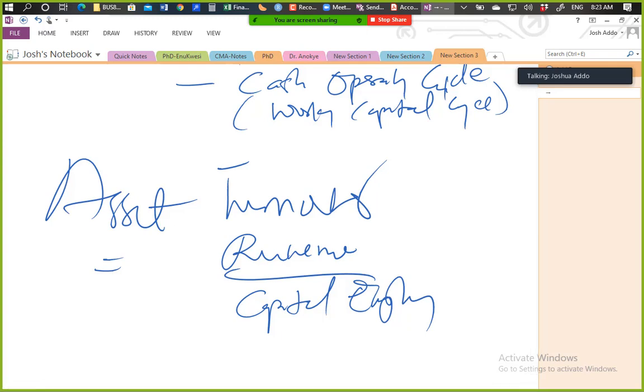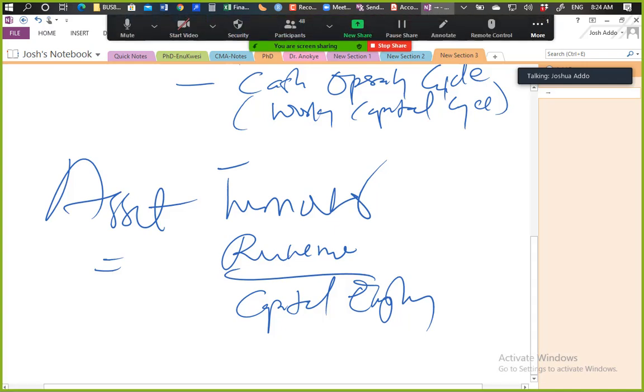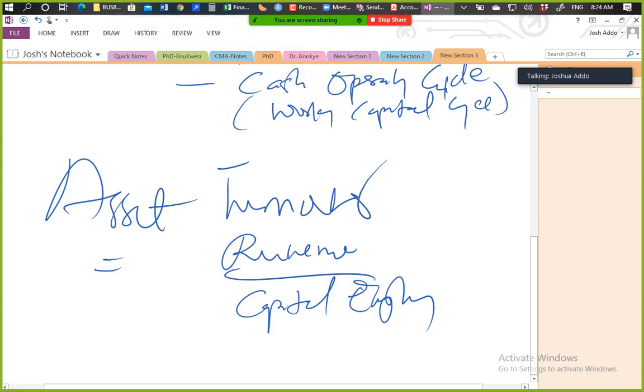You can represent it in percentage. It's just a way of communicating, but for this one it has been the tradition that we report it in the number of times. So we want to say that revenue generation is this number of times the assets of the company. That's normally the way we leave the answer.